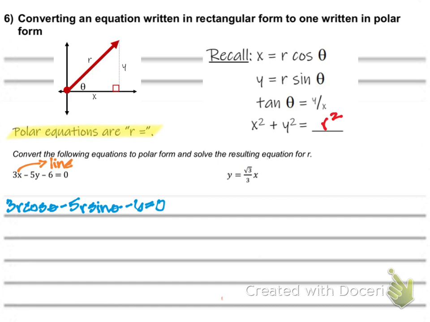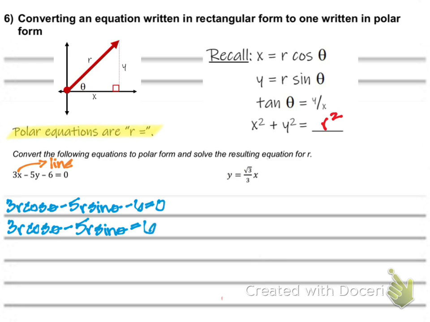My goal is to solve for r. So the first thing I'm going to do is move that 6 over. So I'm going to have 3r cosine theta minus 5r sine theta equals 6.